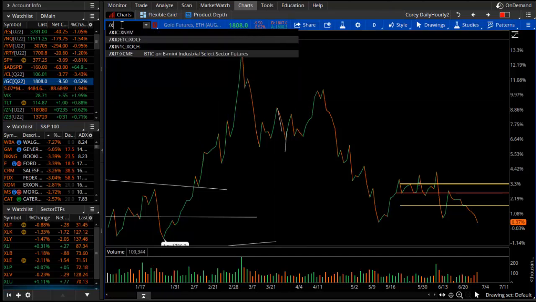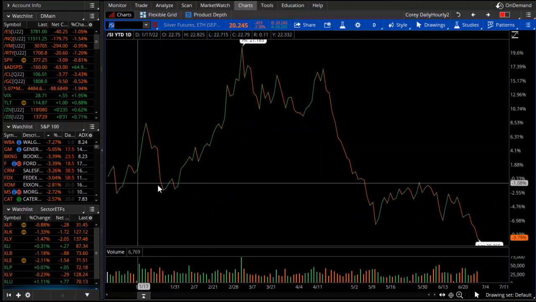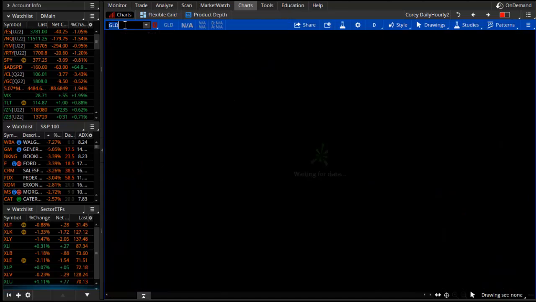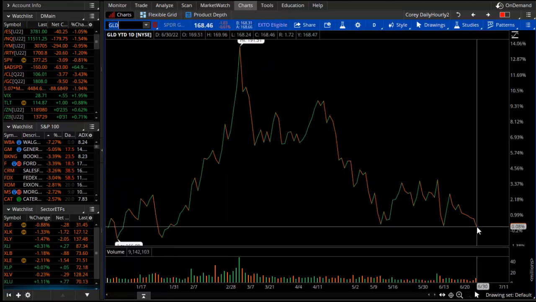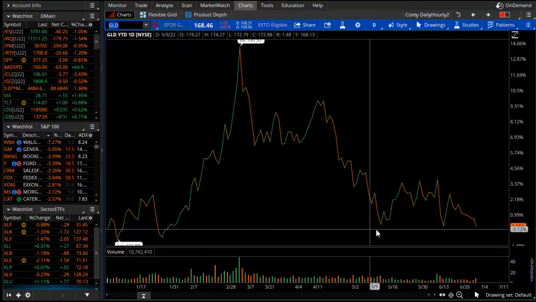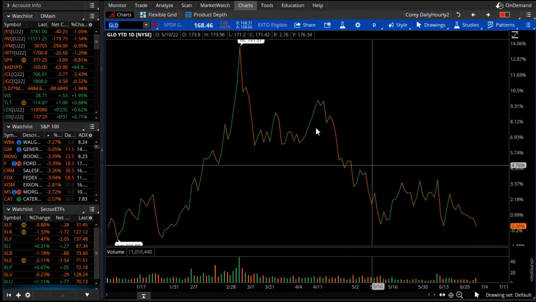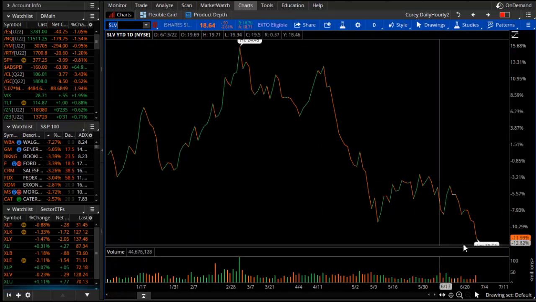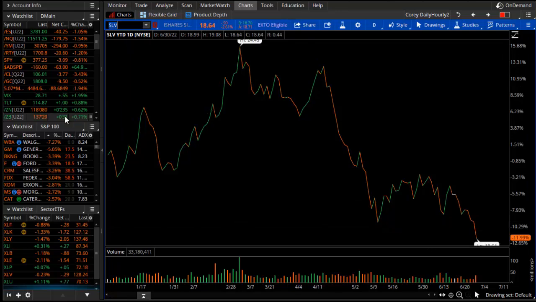We'll look at silver, which is similar. Silver is actually down 8%. Just looking at the ETF GLD, flat as can be, quite literally flat as can be. There's the opening of the year, and there's the halfway point of 2022. Nothing going on there. But silver is actually down about 10%.